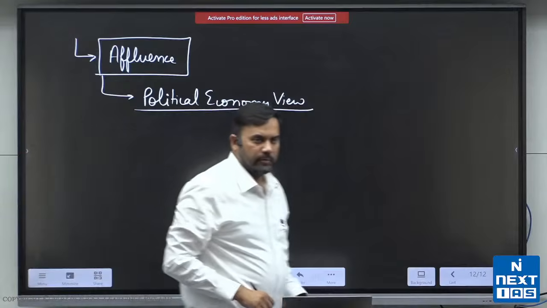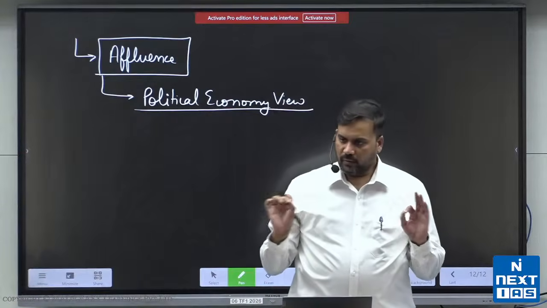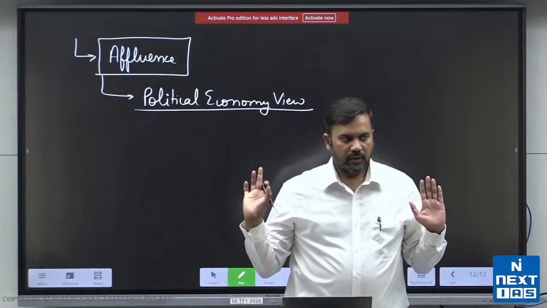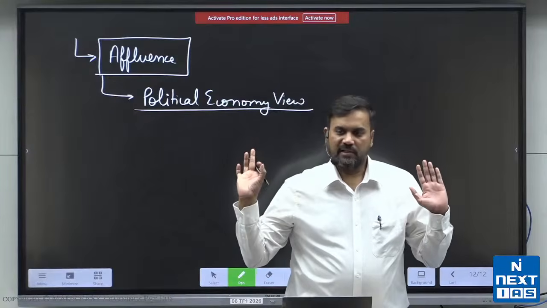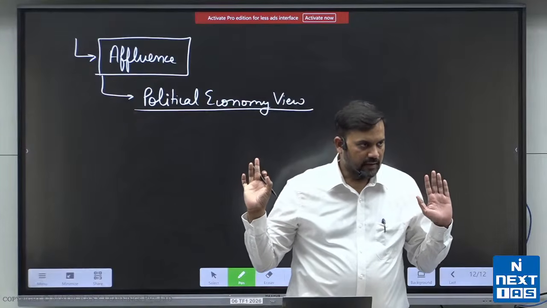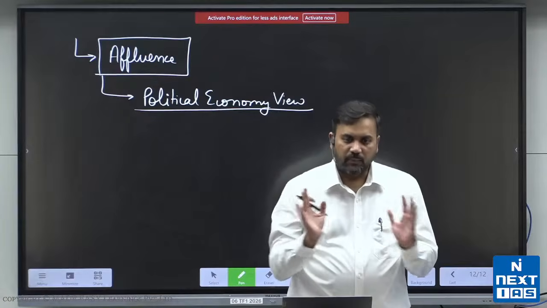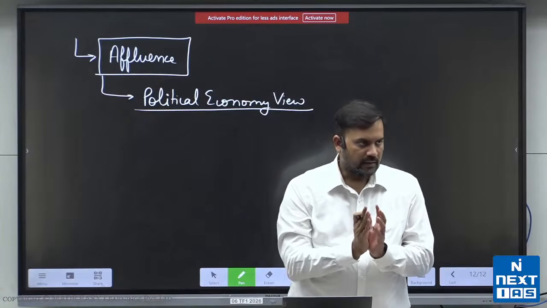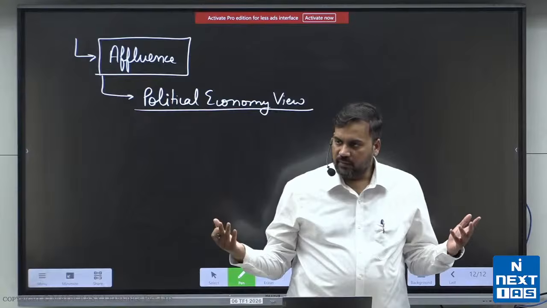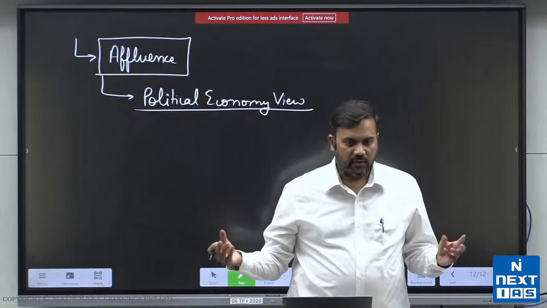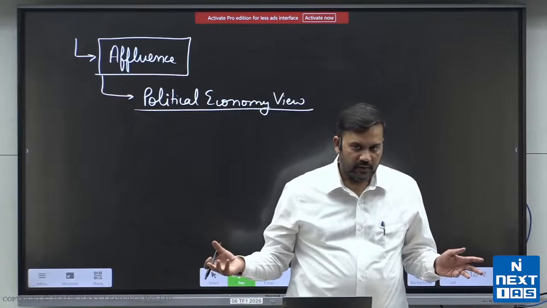Political economy view. ठीक है? तो ये जो political economy view वाले scholars हैं, some of them they proudly call themselves as Marxist. ठीक है? But there are others who believe that Marxism limits your thinking, and thus they prefer to call themselves by other names like realist or structuralist. ठीक है?